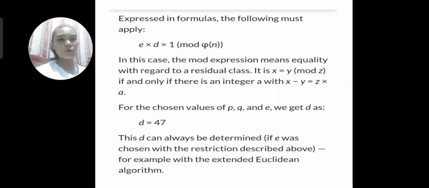For the chosen values of P, Q, and e, we get d equal to 47. This d can always be determined if e was chosen with the restriction prescribed above, for example with the extended Euclidean algorithm.